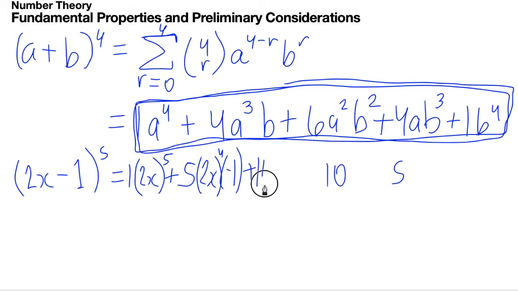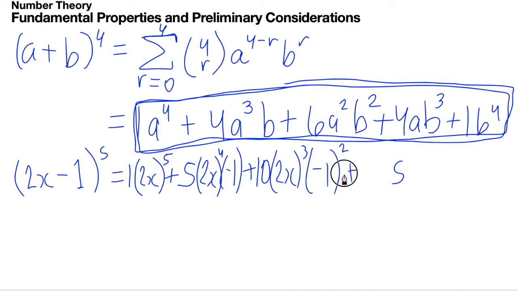Okay, 10. And then 10 raised to, we're going to simply also write 2x, now raised to 3. Why is it 3, sir? Because 5, 4, 3. It's in decreasing order, and then we have -1 raised to 2, or squared.